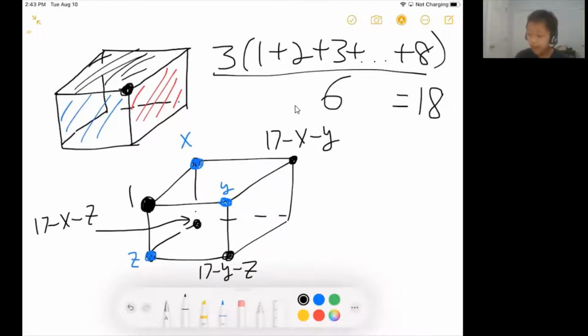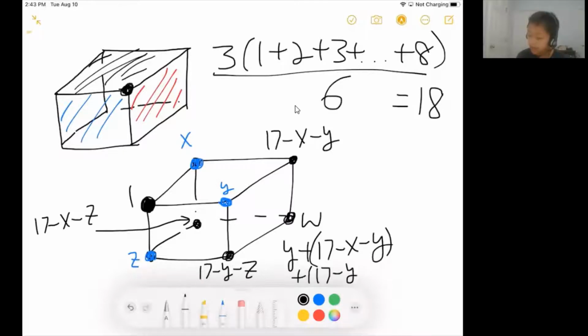Then for this vertex here, since this face must add up to 18, if we call it W, then we have Y plus 17 minus X minus Y plus 17 minus Y minus Z plus W, and that has to equal 18.